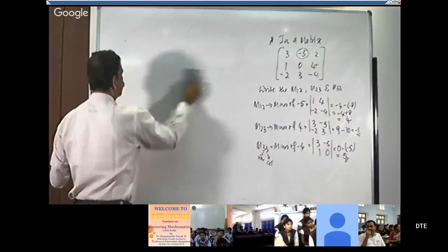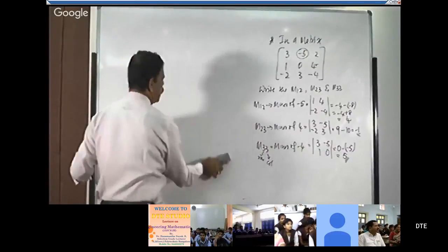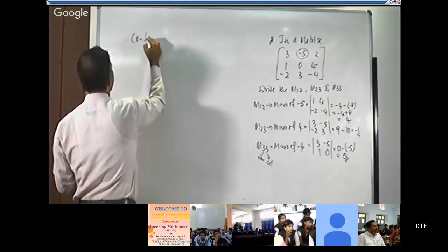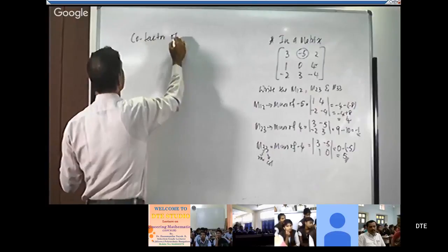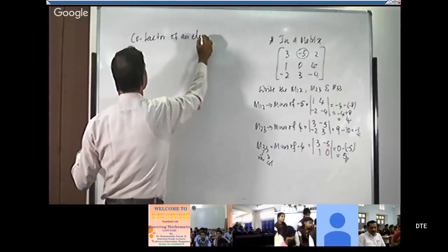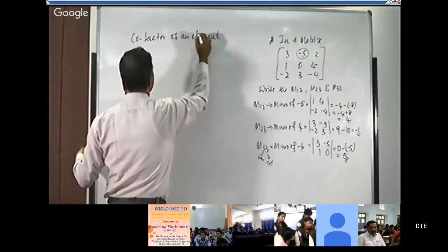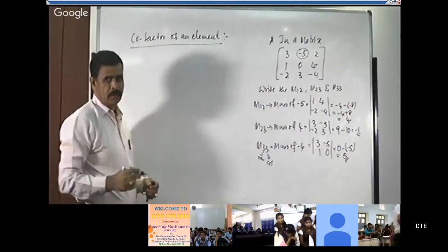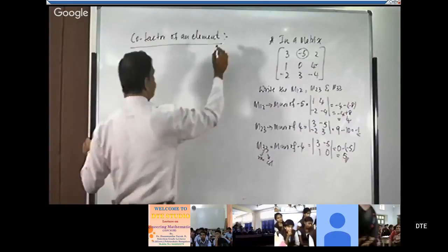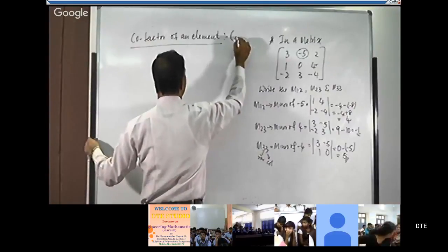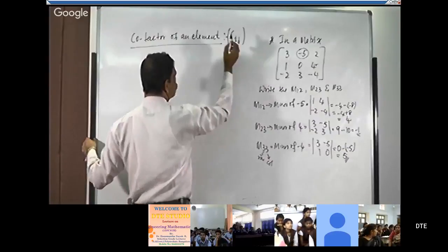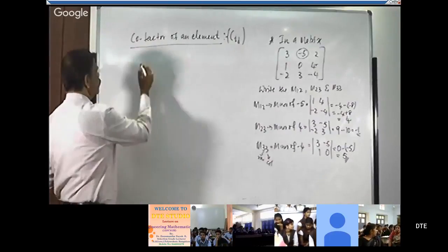Then let us go to the next heading, cofactor. Cofactor of an element. So cofactor mainly depends on the minor of the element. Cofactors are always denoted by Cij, cofactor of an element which lies in ith row, jth column.